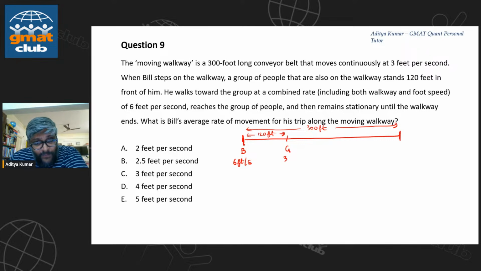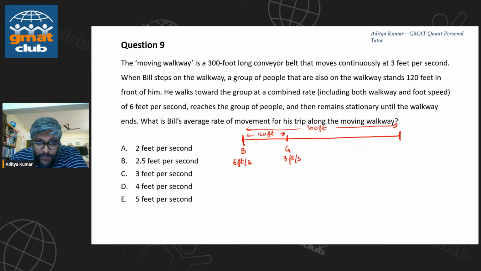The group is still moving at 3 feet per second. It's a continuously moving walkway, so the group is not stationary. The group is also moving. Bill reaches the group, and then remains stationary until the walkway ends.